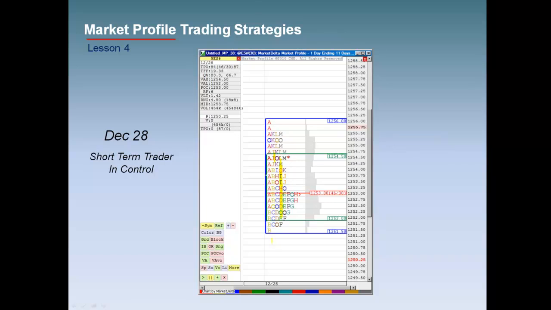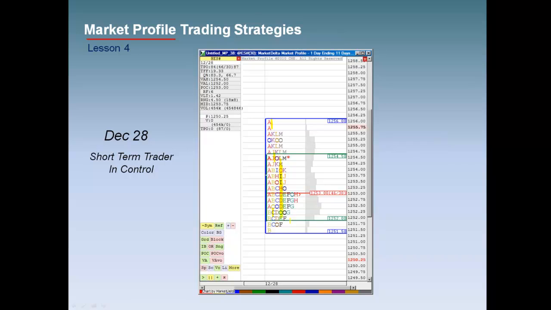Look at the entire range of the day between A and B. All of the trading for the entire day took place during that initial balance period, during the A and B periods. Look at that. All the prints are all within that range. Immediately when you see that, that tells you that the short-term trader was in control.